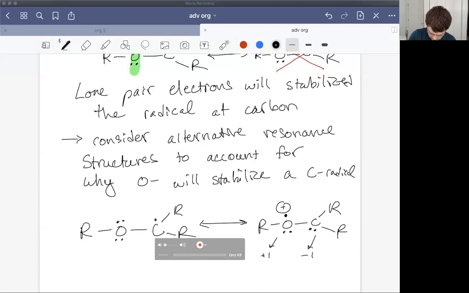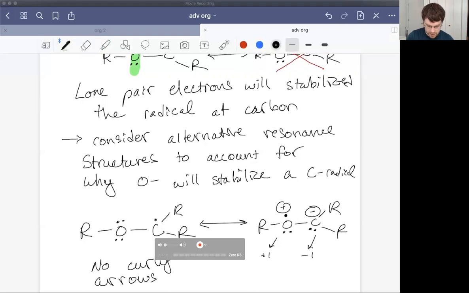So I could put a plus here and a minus here. Okay. To get between these two structures, we can't use any curly arrows. Rather, we just need to be aware that the oxygen atom is providing those electrons by way of resonance, but not through something that we can just show with a curly arrow.